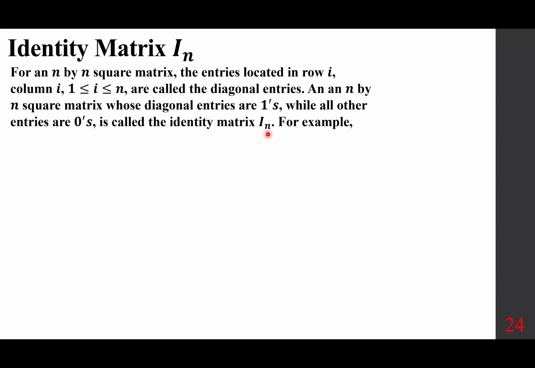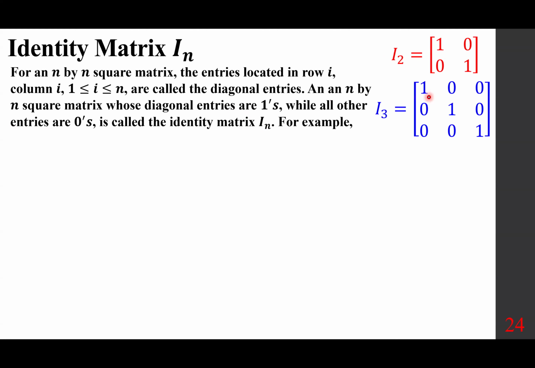That means the dimension is n by n. So I2 diagonal is 1, the rest of them 0. I sub 3 diagonal is 1, the rest of them 0. That's called an identity matrix.